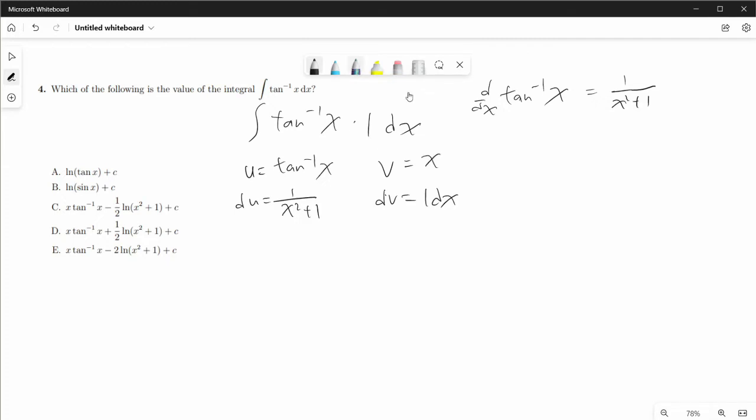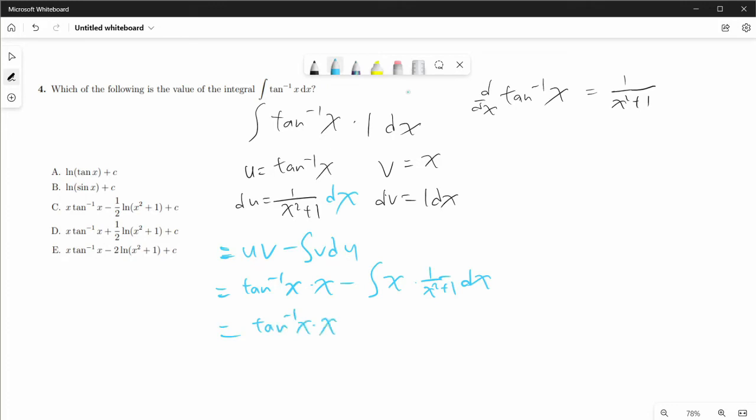Now we can write the by parts, right? So the integral will be uv minus integral of v du, which would be tan negative 1 of x times x, minus the integral of v du, should be a dx here. And then you can't really combine the first terms together, but this would be x over x squared plus 1 dx.